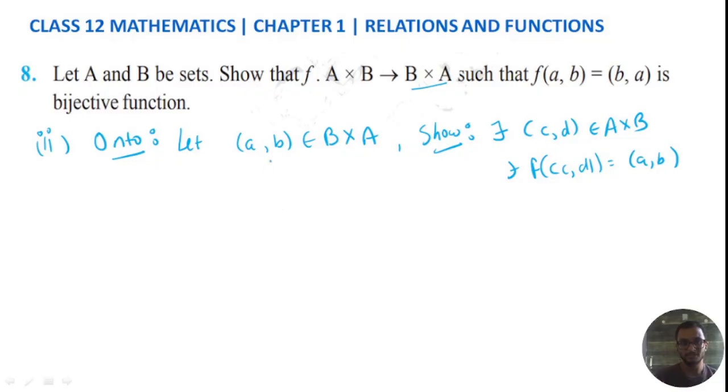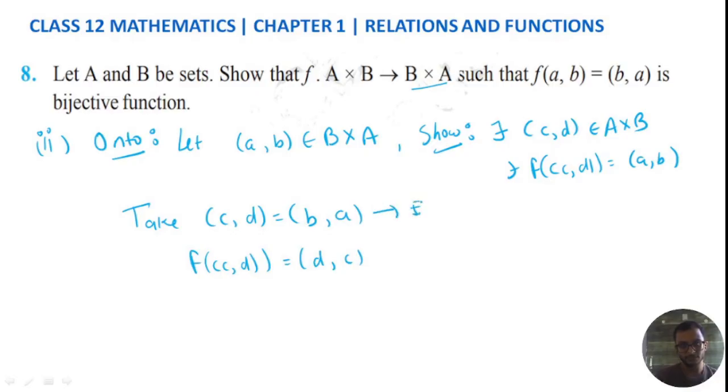So our ideal choice here is, because the function is defined as reversing the element, we should also reverse the element, then we'll get the required element. So take (C, D) as the reverse of this element, that is (B, A), that is C equals B and D equals A. Then if you check f of (C, D), what should it be? It should be (D, C). Let this be equation 1. From equation 1, what are we getting?